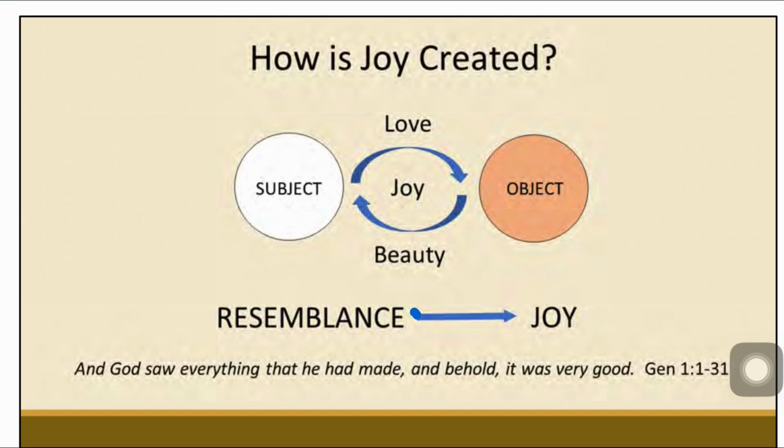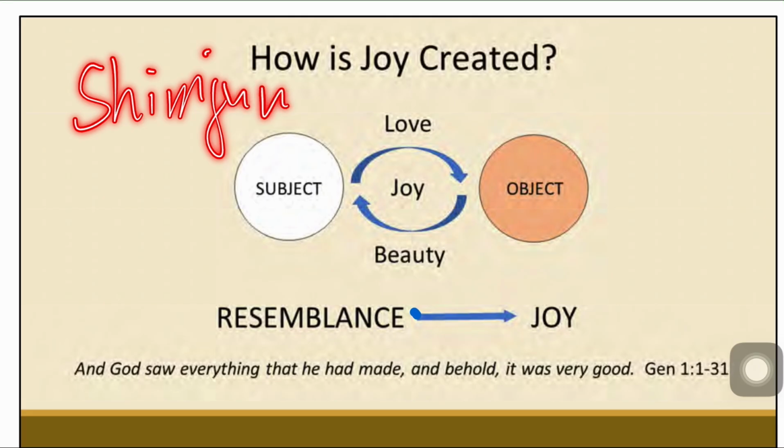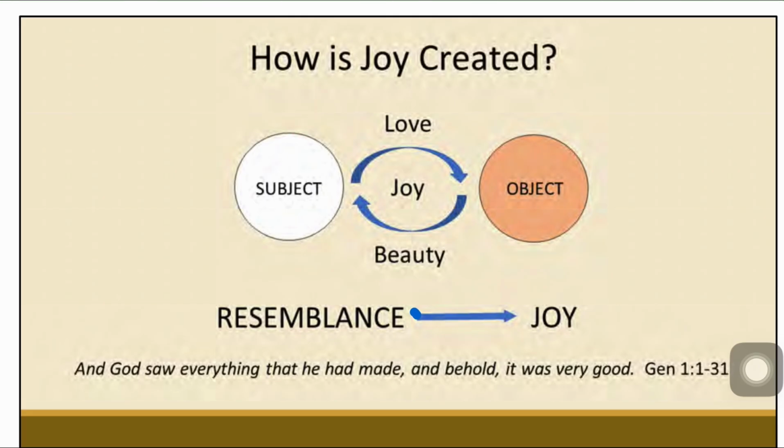We have talked a while ago, before this topic, that the core of God's nature is heart. We understand that the heart, or simjung, as we call it, is a Korean word that talks about heart.